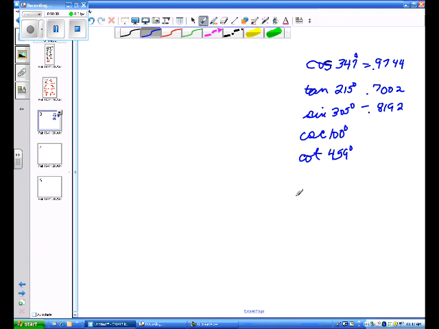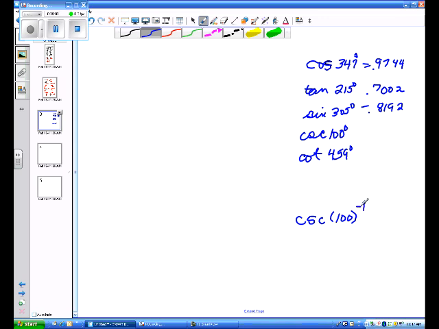Okay, now the next one's cosecant. So let's think what we need to do. We don't have a cosecant button. Cosecant is the reciprocal of sine. So remember what we do here is we put the sine of 100, we close that parenthesis, and then we do our reciprocal.